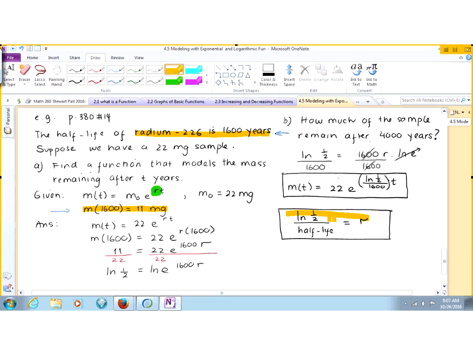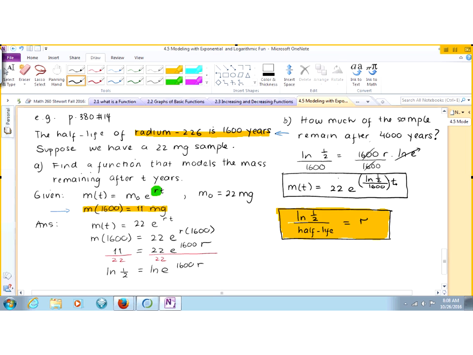This is a shortcut formula if you want to use it, because it's going to happen again and again. So how do you find r? It's just ln half divided by half-life. It's easy, rather than doing all of this. You just get r by ln half divided by half-life. All right, good.